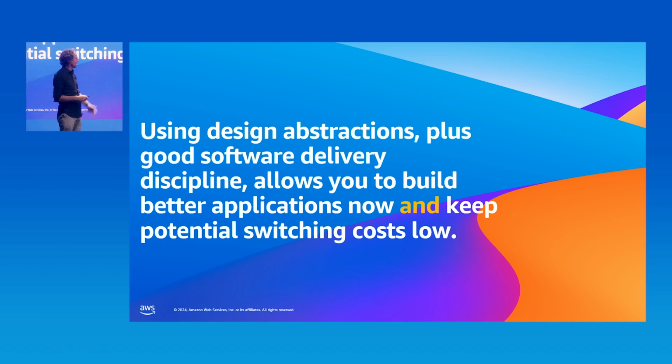So the short answer is yes, focus on delivering software in high quality, quickly, and with good development discipline today. And that is actually the best mechanism that you have to also bring your switching costs back down, because if the day ever comes, then you are well prepared.